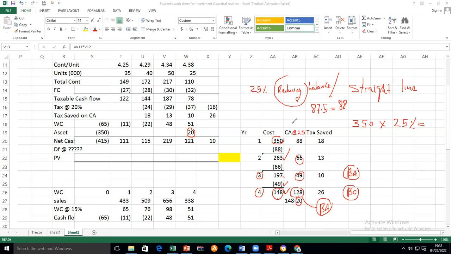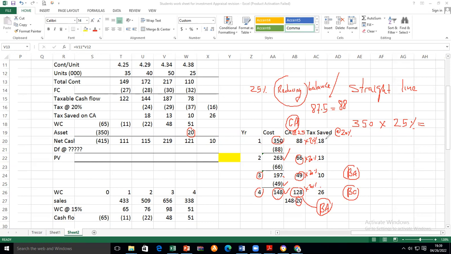Now, after you calculate the capital allowances, going by the method that we use, you calculate the tax saved at 20%. So you take this figure, multiply by 20%. You take that figure, multiply by 20%.